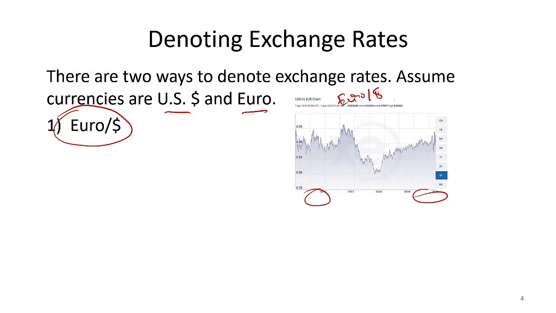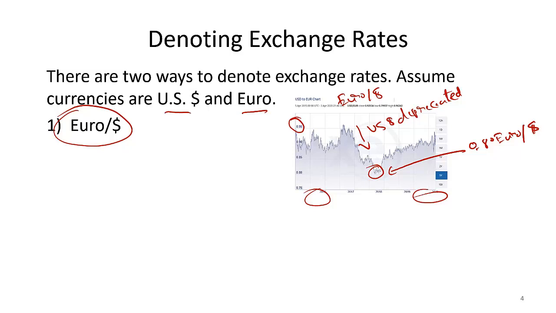2016 to 2020. It varies a lot, right? And this is the situation when the US dollar depreciated. That means it lost value. Why is it depreciated? Because here one US dollar was buying around 0.95 euro. At this point they are only buying about 0.8 euro, which means $1 now buys only about 80 euro cents.